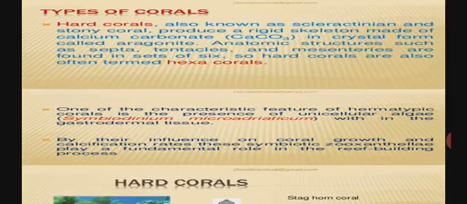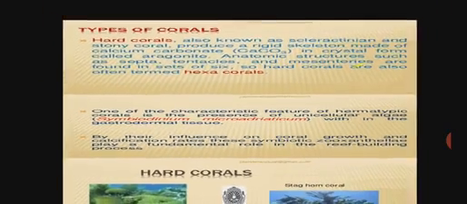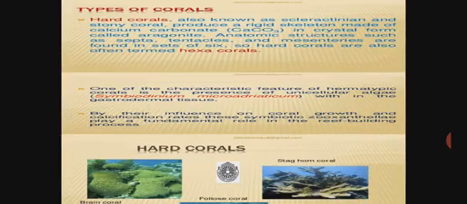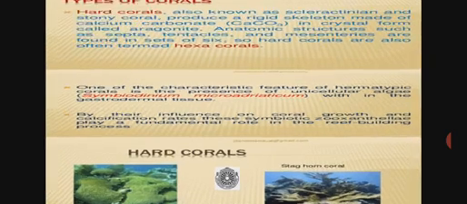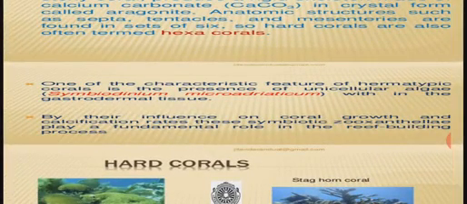By their influence on coral growth and calcification rates, these symbiotic zooxanthellae play a tremendous, fundamental role in the reef building process.